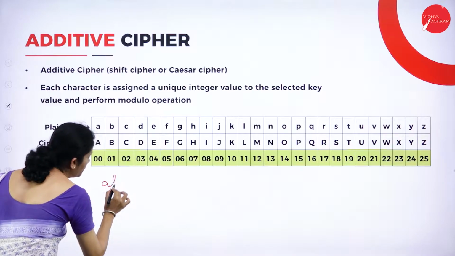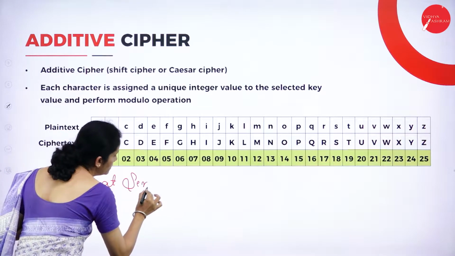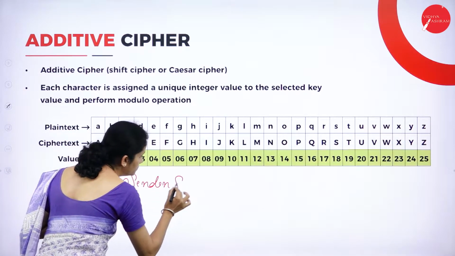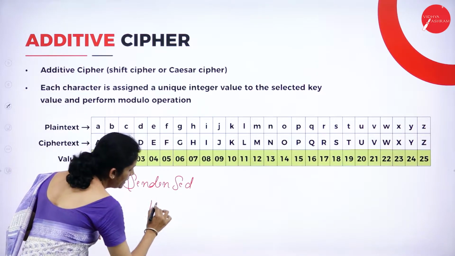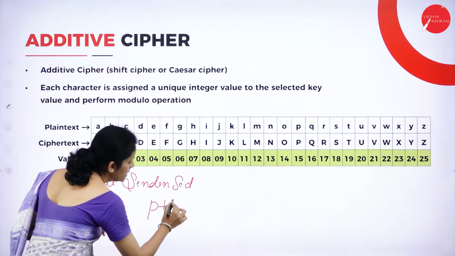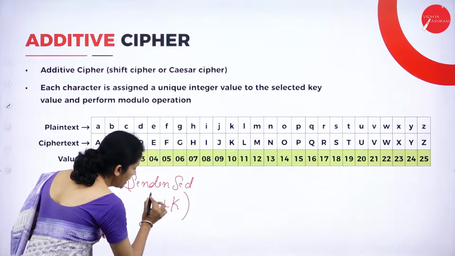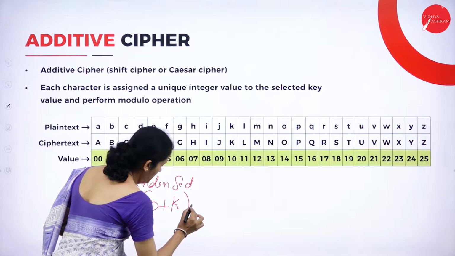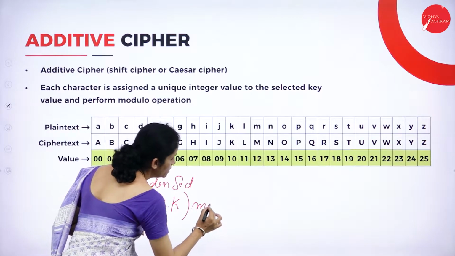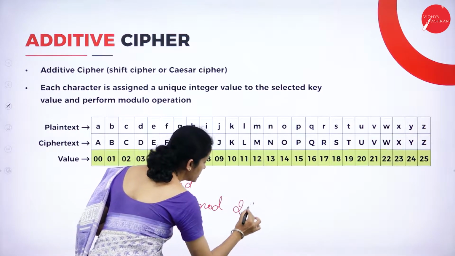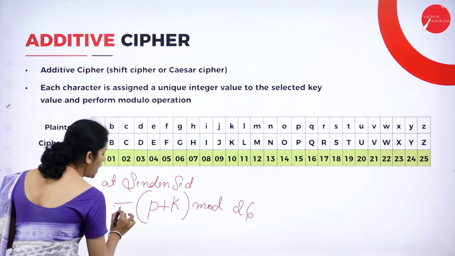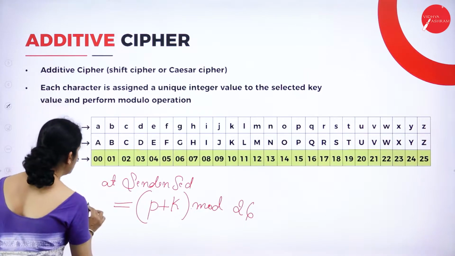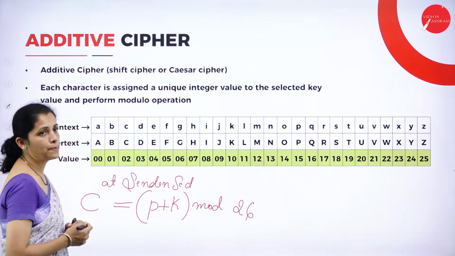At the sender side, P is nothing but plain text, key is nothing but K, mod 26. This is at the sender side. So after applying the encryption algorithm, I'm going to get the ciphertext.